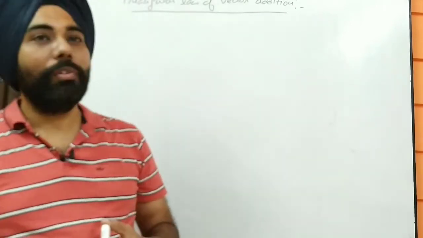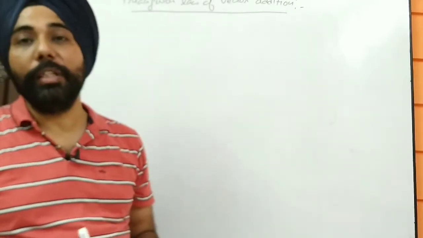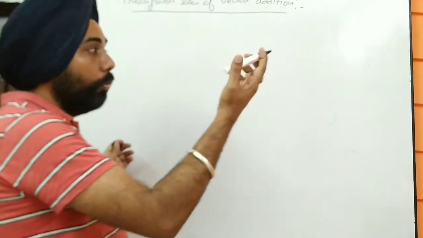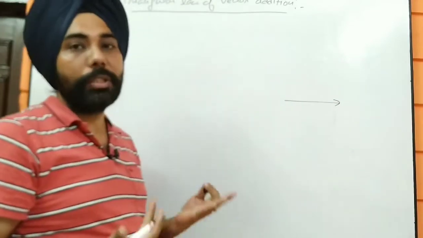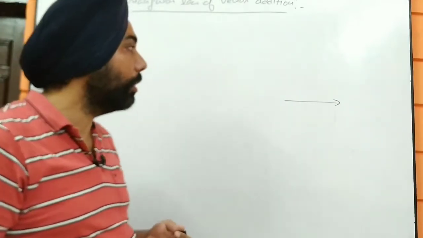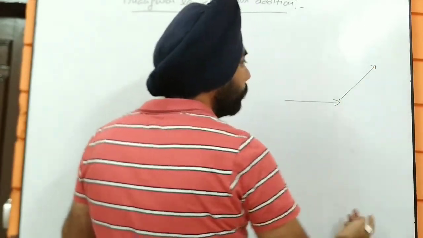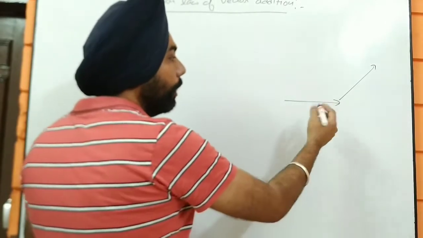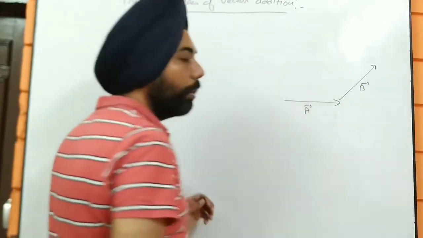So today, first of all, we are going through the statement of the triangular law of vector addition. If we represent two vectors, this is our first vector. Obviously the vector is going to have some direction, and another vector we are going to take like this. We name those vectors A vector and B vector.